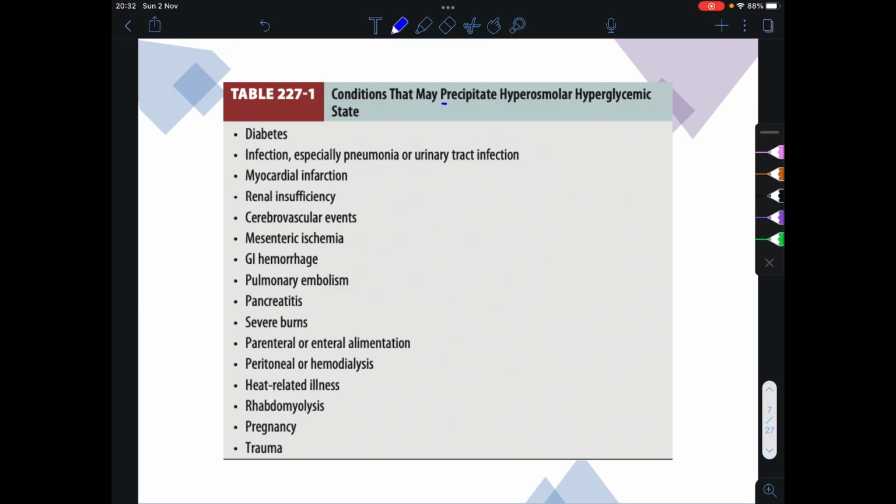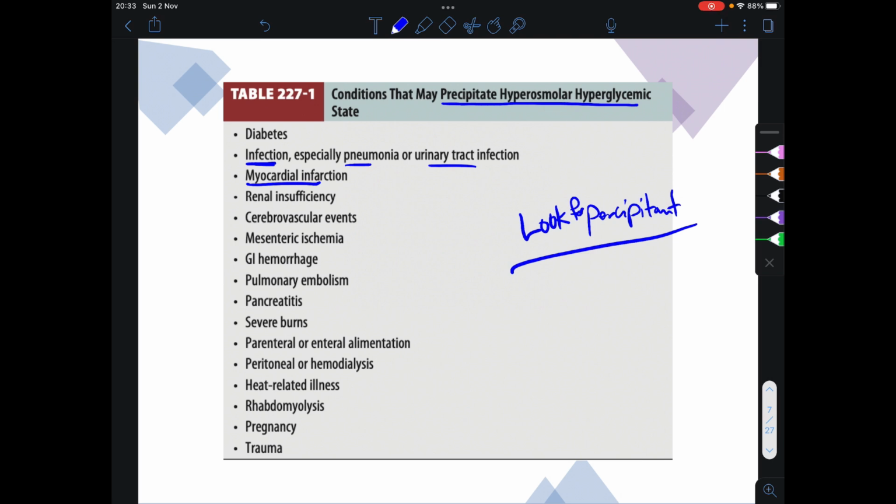Now, there may be conditions that could precipitate hyperosmolar hyperglycemic state. And as we said, infections are the most common, like pneumonias, urinary tract infections, myocardial infarctions. So you always look for the precipitating cause. Look for the precipitant.